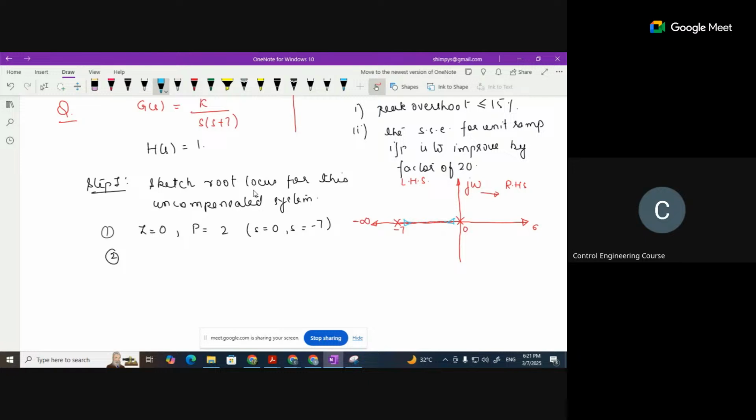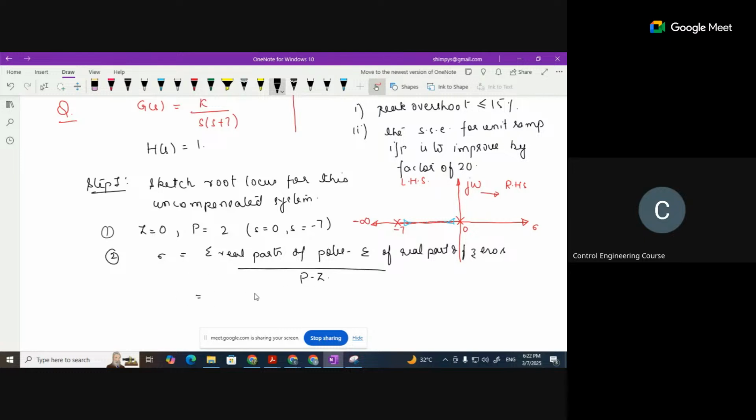We'll be finding out the centroid, right? So centroid is represented as sigma, and it is given by the summation of real parts of poles minus the summation of real parts of zeros, divided by p minus z.